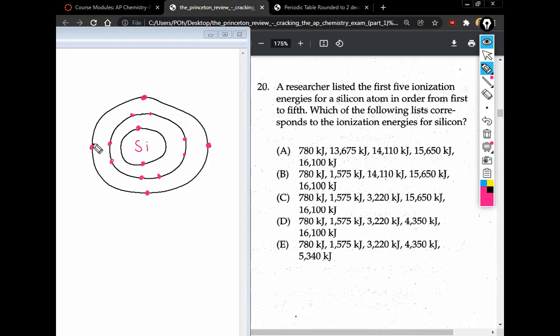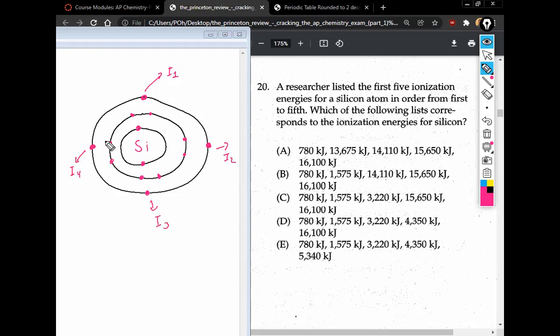Now, when we talk about ionization energy, when does the ionization energy have the highest jump between numbers? Yeah, as we go to the inside shell, right? So where will we expect to have the biggest jump in ionization energies? So after it loses its shell, which means that this is I1, I2, I3, I4.